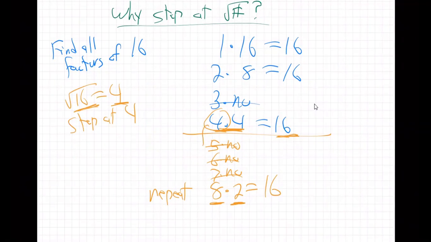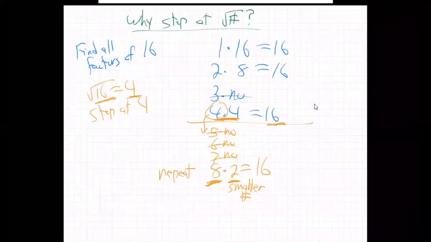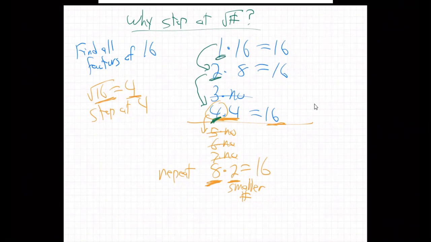Therefore, once you go beyond 4, like 8, you have to multiply by a smaller number. Why is that the end of the world? Well, you've already checked the smaller numbers. We already did 4 and 2 and 1.